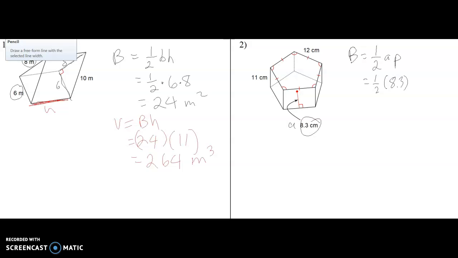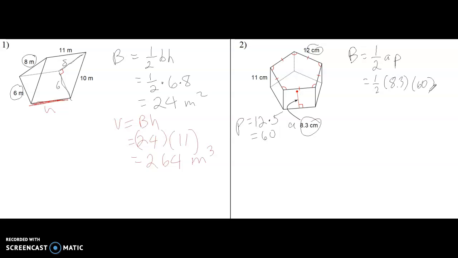So if we're trying to find the perimeter of that figure, I know that I have a side of 12 and I have 5 sides. So my perimeter calculation would be 12 times 5, or 60. Okay? So I'll put that up here. So I have 1/2 times 8.3 times 60.